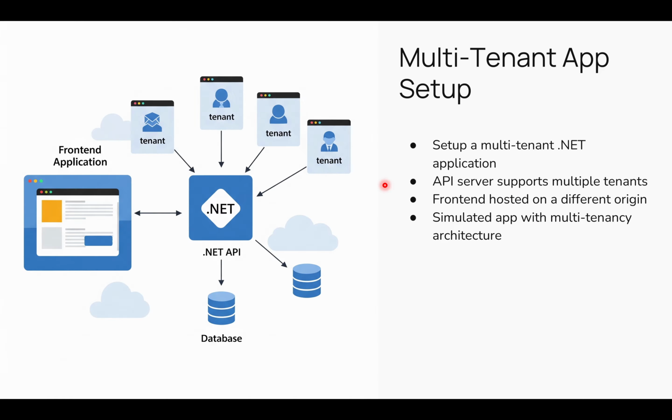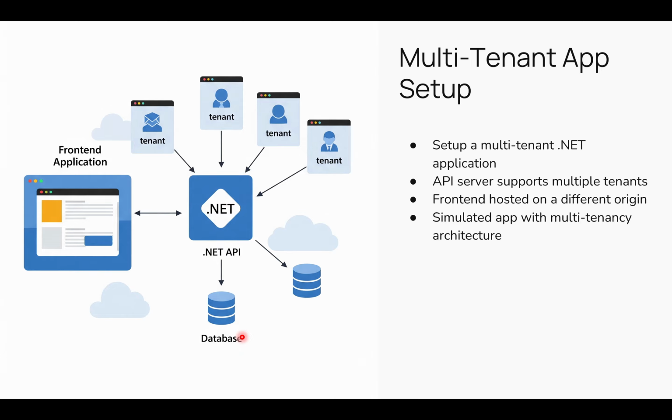go inside, see, we already have a multi-tenant application setup. This is just a simulation of a multi-tenant application. We don't have any use of databases for now, but the authentication and API consumption part covers all the scenarios here.